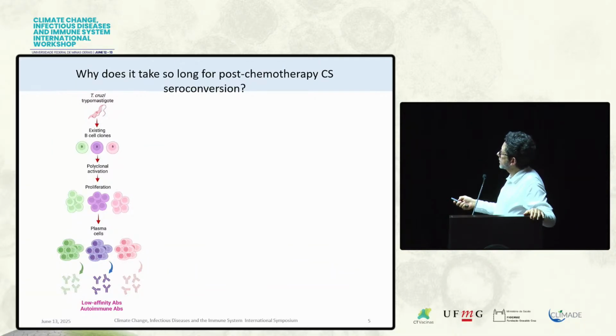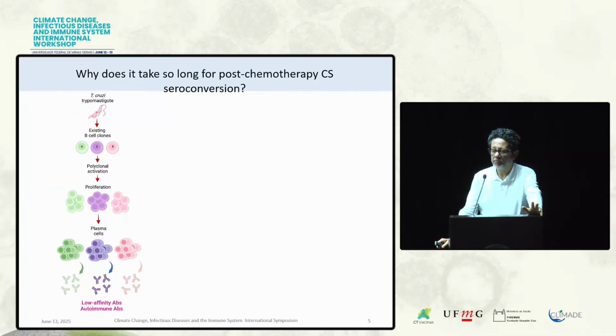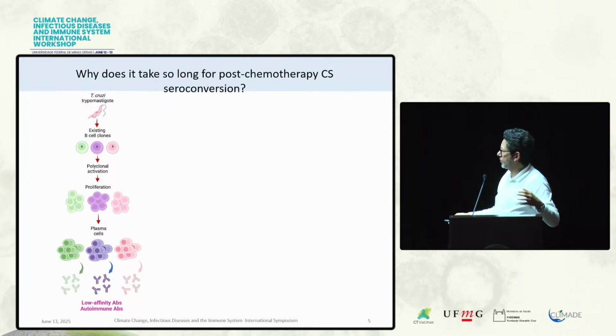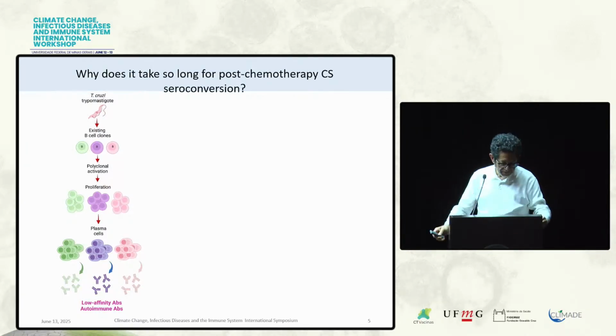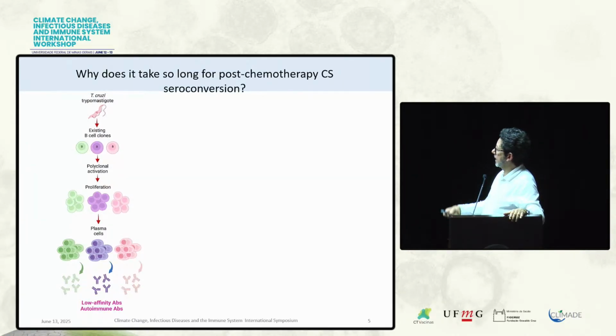So one question we had is why does it take so long for the seroconversion post-chemotherapy? For us at least, it is very clear that T. cruzi and other parasites, Leishmania, induce polyclonal activation.